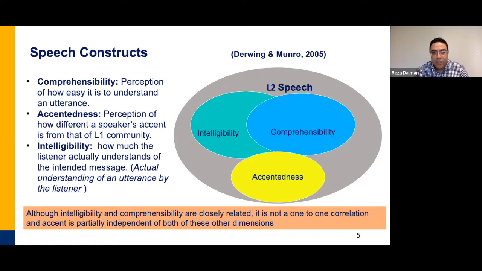And intelligibility, which is how much of the message listeners actually understand. Intelligibility and comprehensibility are closely related. Although these two speech constructs are closely related, they are not the same. And they are partially independent from accentedness.